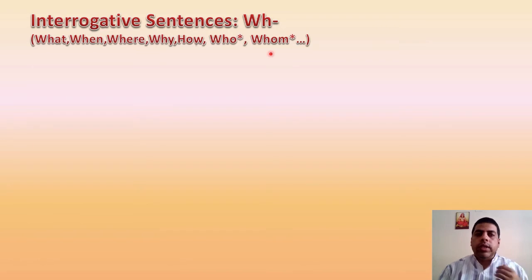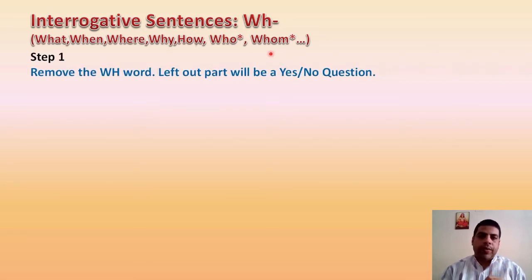Now to do this conversion, we can do it very easily in 3 easy steps. Let's look at them one by one. Step number 1: remove the WH word, and after removal of the WH word, what will be left for you is a yes/no question.